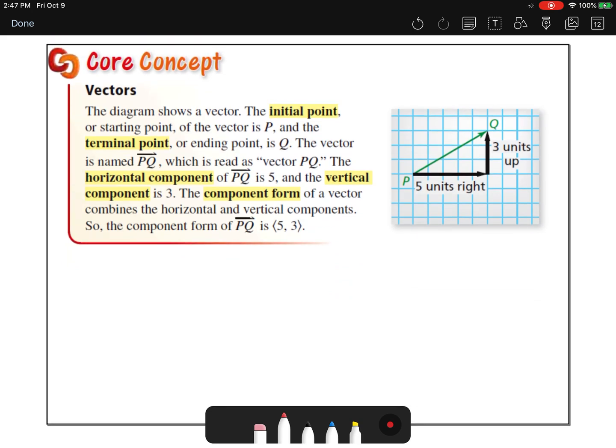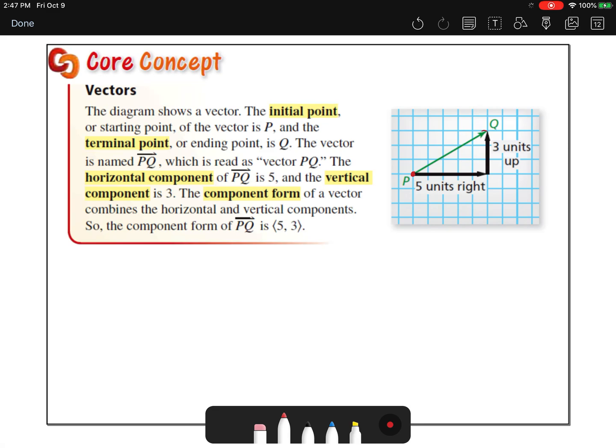Okay, now vectors. So the diagram here at the right shows vectors. PQ. That's a vector PQ. The horizontal component is 5. The vertical component is 3.